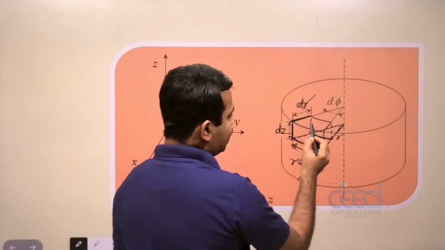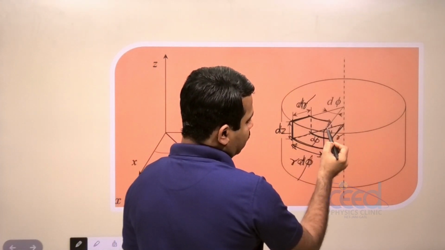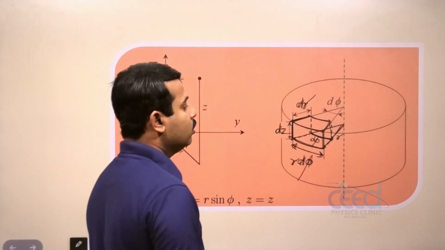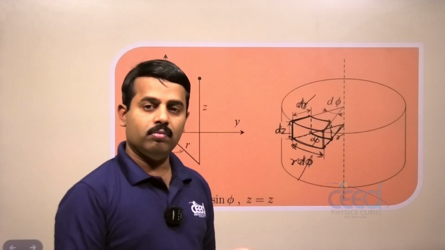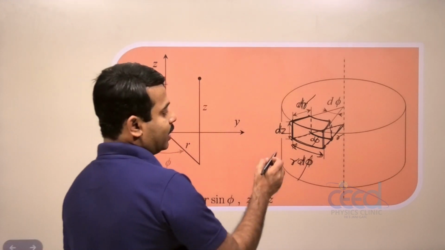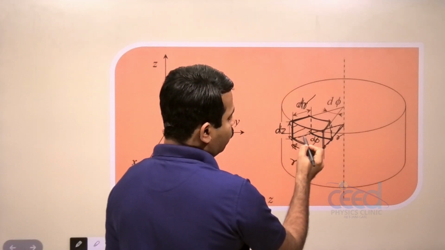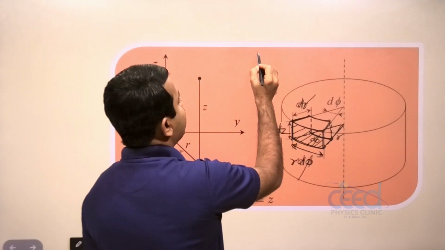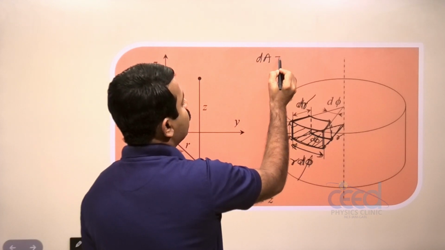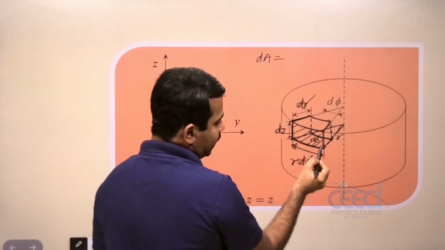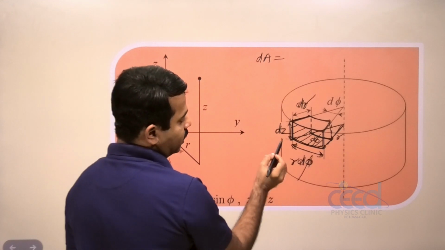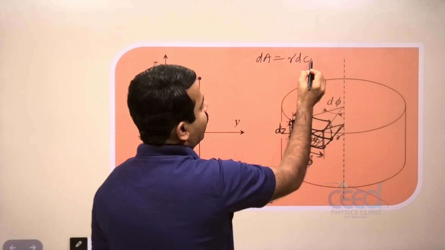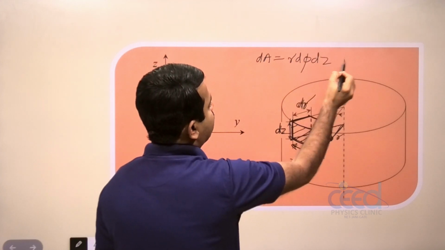Then by this increase you can see a small volume created here. So this is the volume. What is this volume? That is area into width. Suppose for this area, first I can write the area element. What is the area? dA is equal to this length into breadth, that is dr, r d phi dz, right?